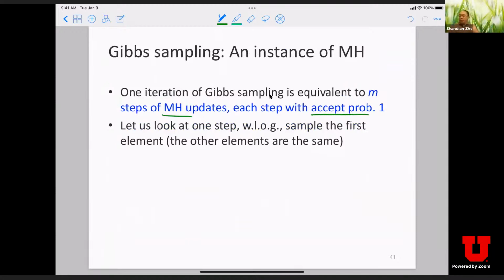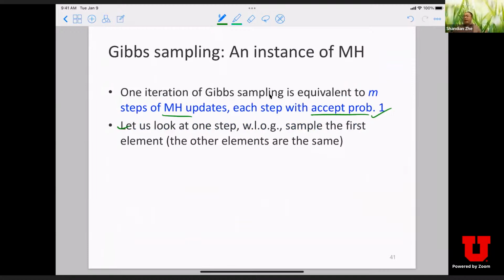You will see that for Gibbs sampling, the acceptance probability is always 1. So you can have another view that Gibbs sampling is a very smart design of the transition kernel, which guarantees you an acceptance probability of 1.